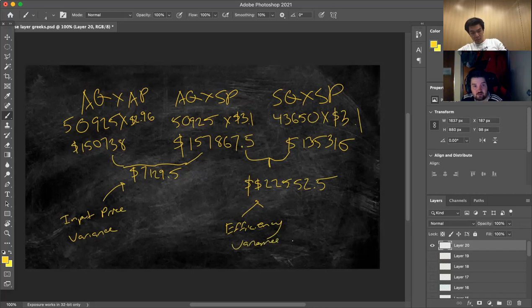So is it 7,129? Yep. And just do the efficiency variance. I just like walking through it. So it's the AQ times SP minus the SQ times SP. So the 22,552.5. Yep.